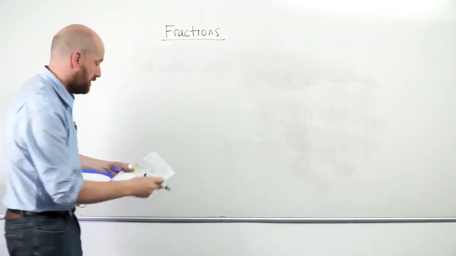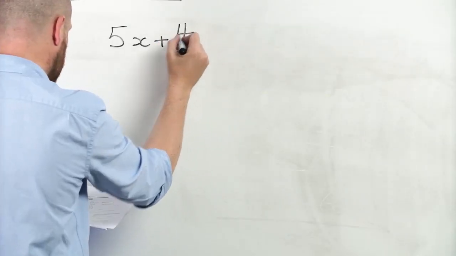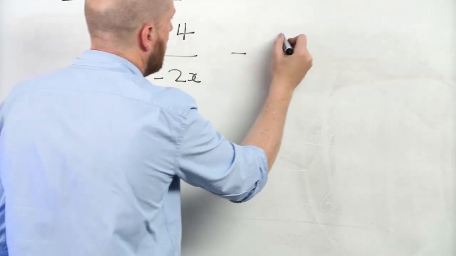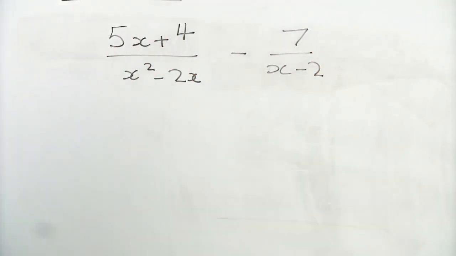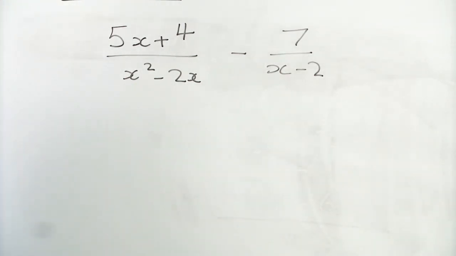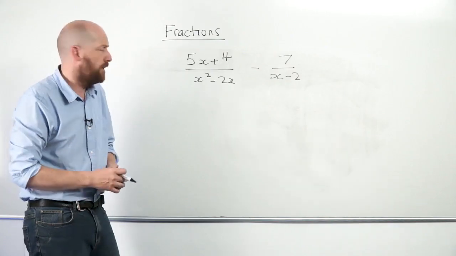So this example is a fraction 5x plus 4 over x squared minus 2x, minus 7 over x minus 2. So what we're going to do is combine these two fractions into a simpler form. The first thing I would always do is think about the denominators and actually factorize those themselves.